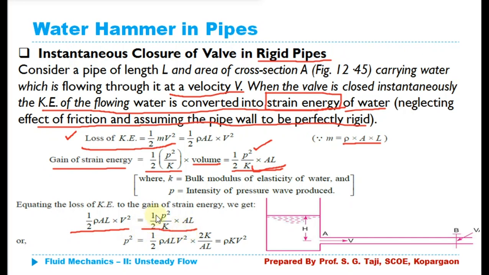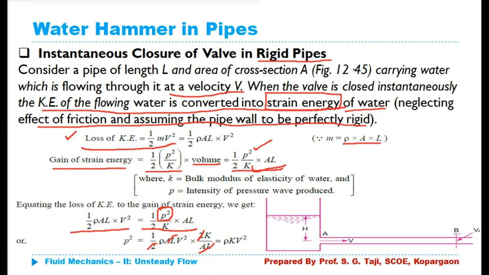Now we want to derive the equation for p. So p square is equal to half rho AL v square multiplied by 2k upon L. So this AL gets cancelled, and this 2 gets cancelled. What remains here is rho, k and v square.